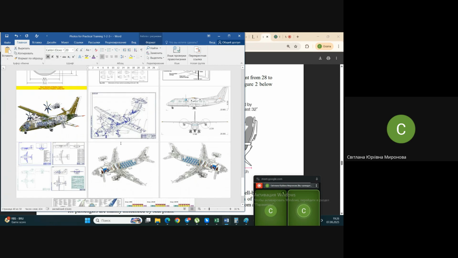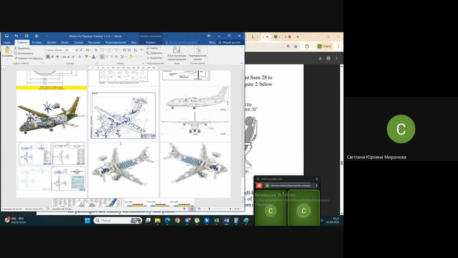Why do I say the most typical? Because you understand we have a couple of more famous competitors in Western countries, Airbus and Boeing, and their airplanes are somehow similar in technical decisions. They are different. They are even visually different.